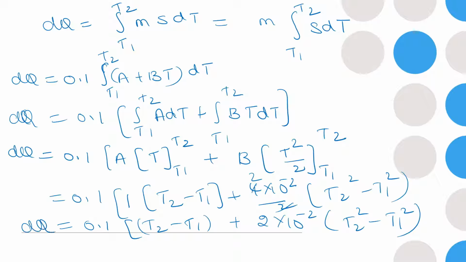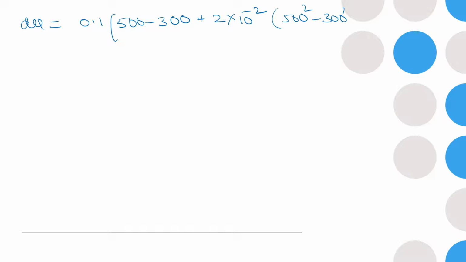Now substituting T1 and T2 values in this, we get dq is equal to 0.1 of 1 into (T2 minus T1), that is 500 minus 300, plus 2 into 10 to the power of minus 2 of 500 squared minus 300 squared.